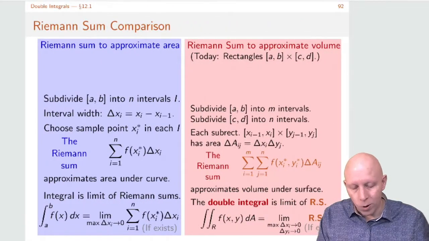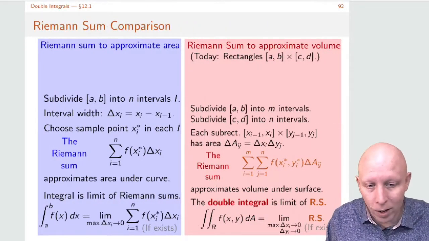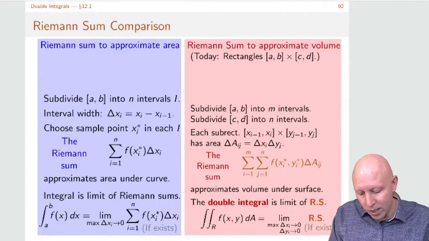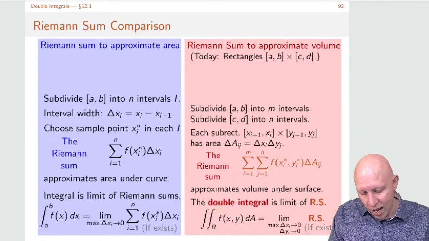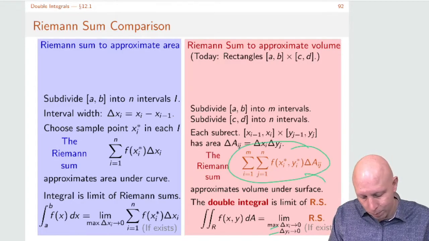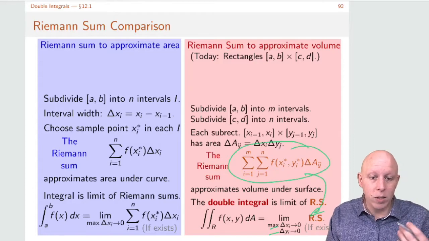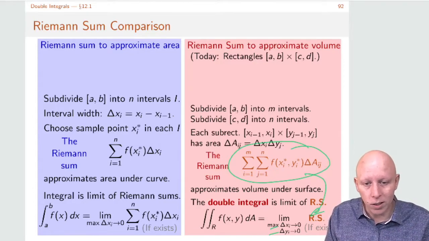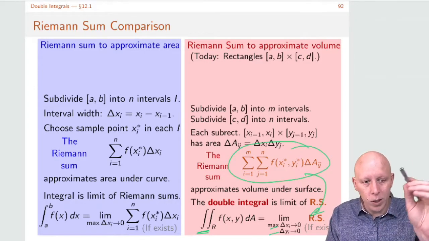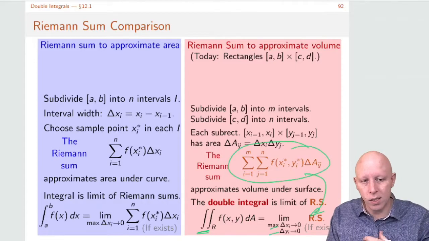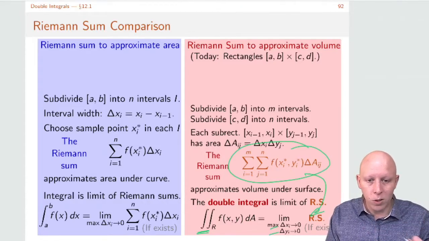And just like before, if we take the limit as those areas get smaller and smaller, as the delta x's and the delta y's get smaller, of this Riemann sum, that's going to be our definition of the volume under the curve. That's going to be our definition of this double integral. So we're using two integral signs here because this is a function of two variables.